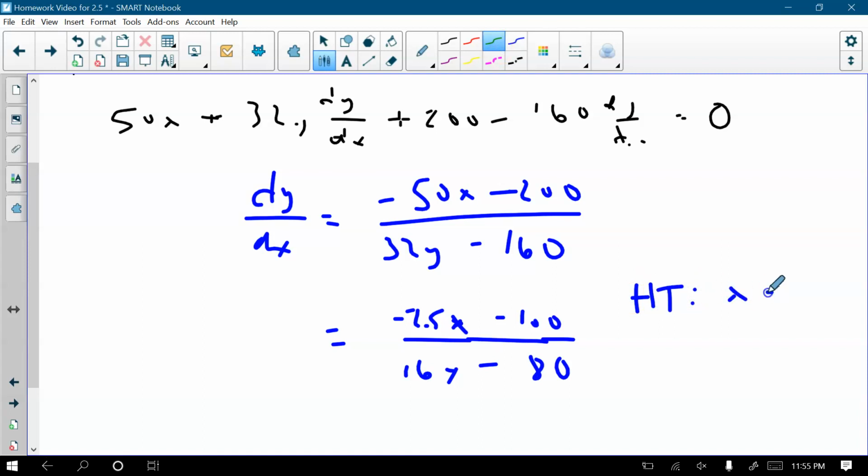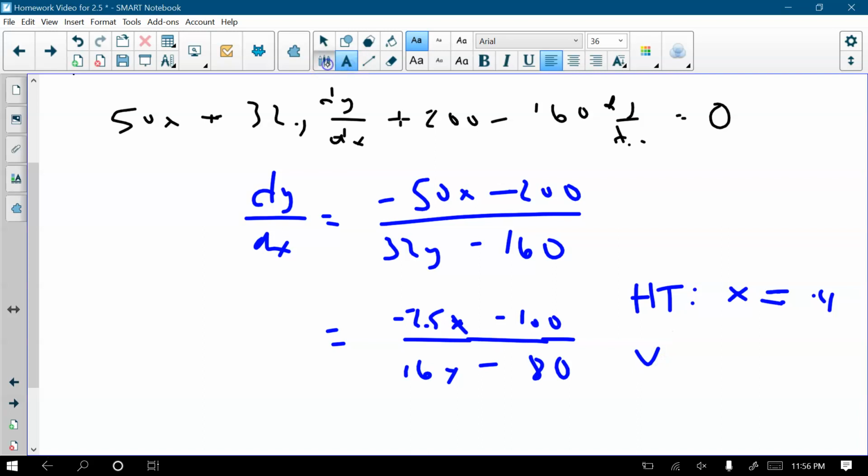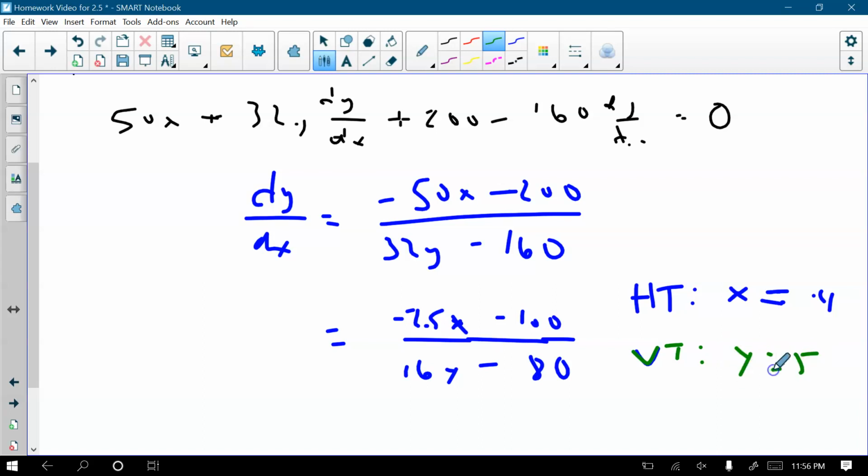Numerator equals 0 means I get x is equal to -4. The vertical tangent is going to be the denominator set equal to 0. When I set the denominator equal to 0, I get y equals 5.